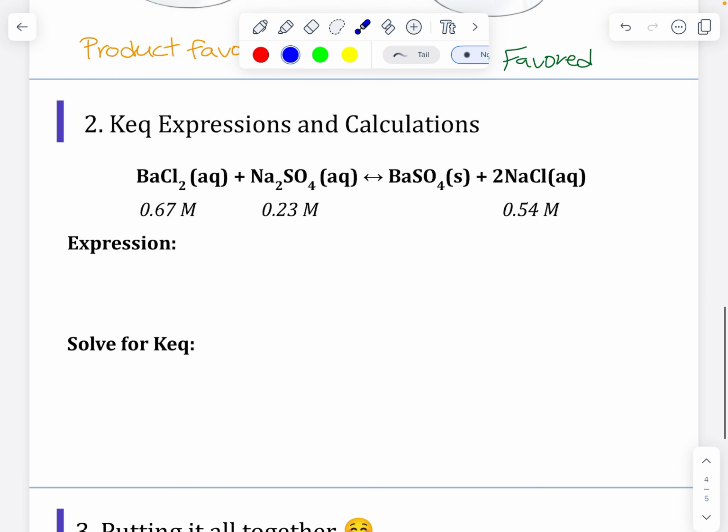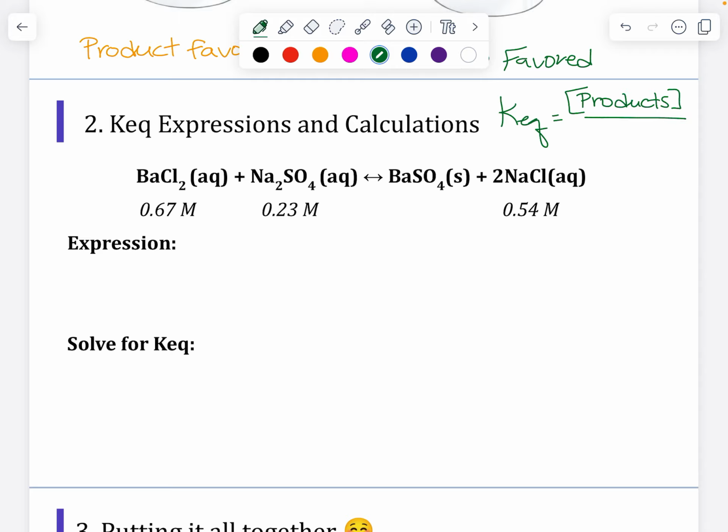So with these KEQ expressions, if we have a reaction and we're writing our KEQ expression, we do the concentration of our products over the concentration of our reactants.